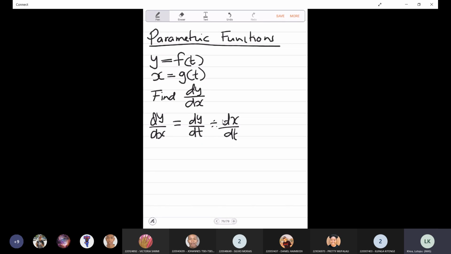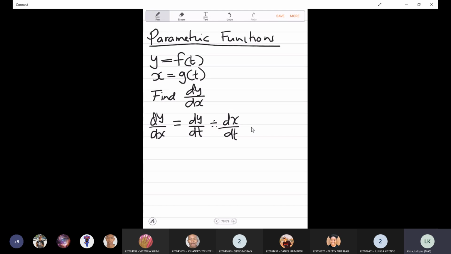If you think about this, the way we work out division, the division will change to multiplication, and then you would write the reciprocal of this, and it seems like the dt's will cancel, and then you're left with dy over dx, which is what we are trying to work out. So that's the logic behind it, not necessarily that the dt's actually cancel.